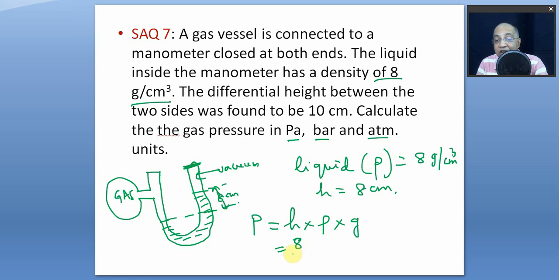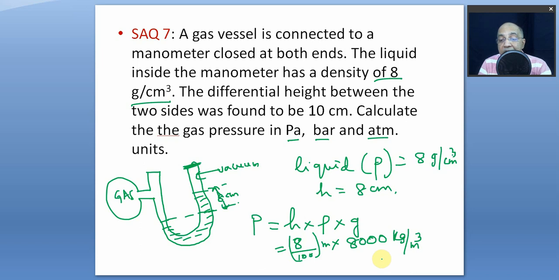It is Pascal, so we have to convert it to meter. And rho is 8 gram per cm cube. You have to make it kg per meter cube. So it will be undoubtedly 8000 kg per meter cube. You can convert yourself. Gram, you can divide by 1000. And centimeter is 10 to the minus 2 to the power 3.